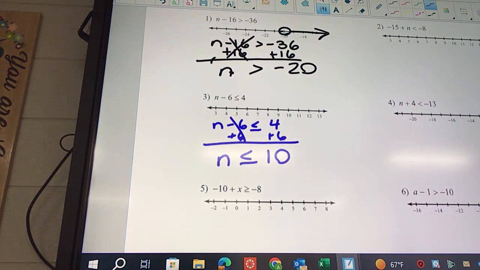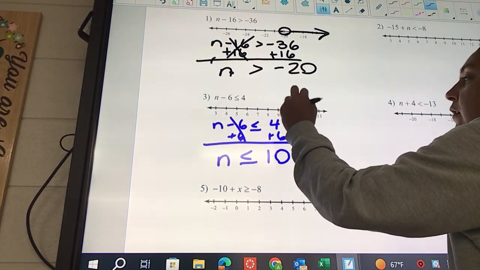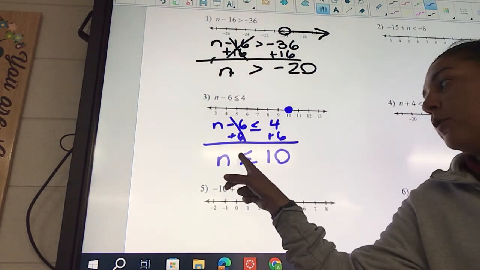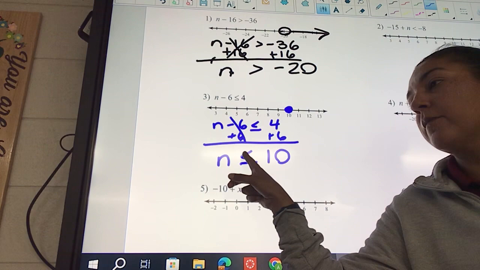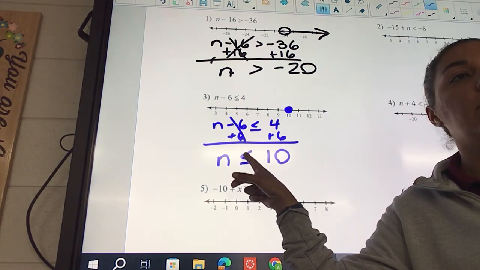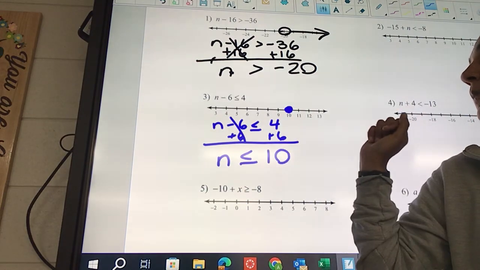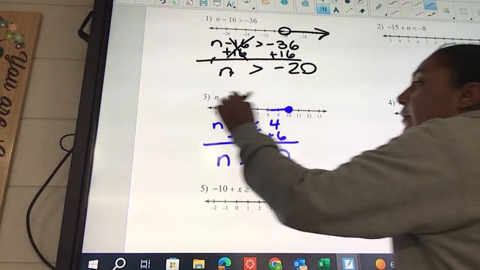On our 10, is it going to be an open or closed dot? It's going to be a closed dot. Now we say N is what? Which part of the mouth is it going to touch first? The small part. So which is smaller, going this way or going this way? To the left.